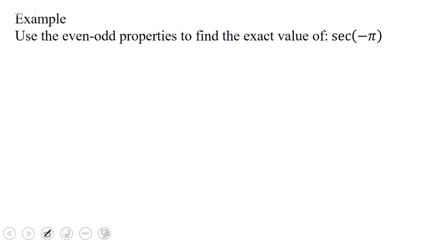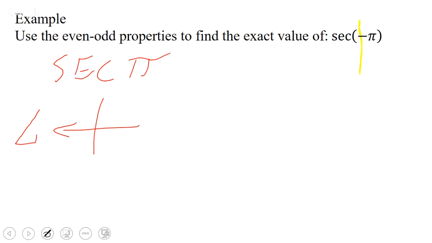So secant is even, so I can just drop that negative. So that gives me secant of pi. Well, pi is going in this direction. So pi is a pretend triangle. So I'm going to go ahead and make my pretend triangle.